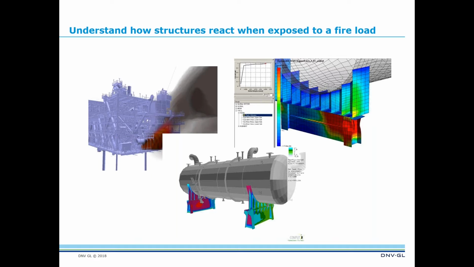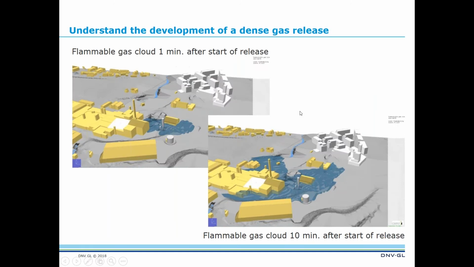So the results from the CFD simulation are fed into a structural response tool to get a detailed calculation of the temperature development and also the actual structural response of that support structure. So will it keep its integrity or will it fail? You have to protect this with a fire protection, for example. So here we can see some buckling as a result.